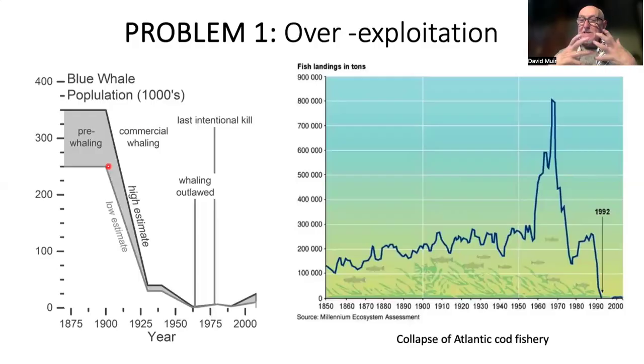They just heated it until all the fat melted into oil, gathered that oil, and transported that back to shore. It was a very primitive operation, very inefficient. So what they were doing was just taking part of the population. They were not affecting the general stability of the population.